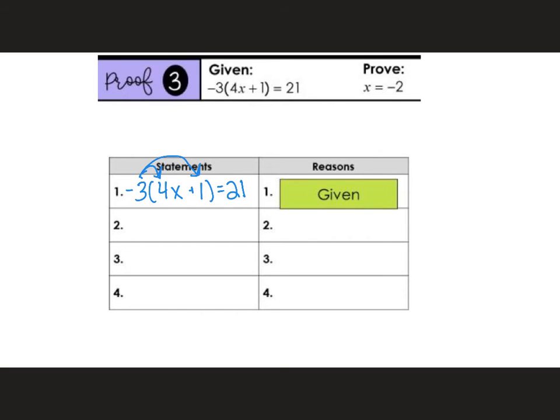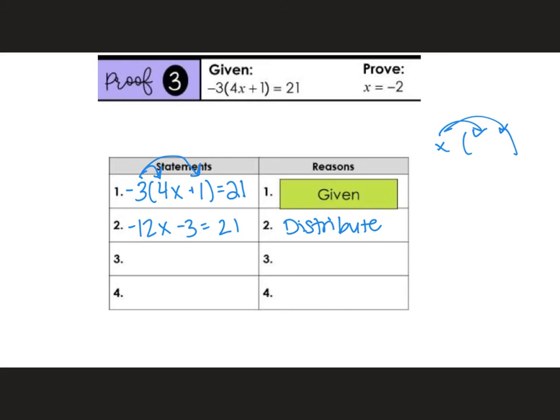So first we need to distribute. That's the distributive property, when you've got something outside of the parentheses and you share it. Multiply it by each one. So we distributed. Now, what do I have to do?